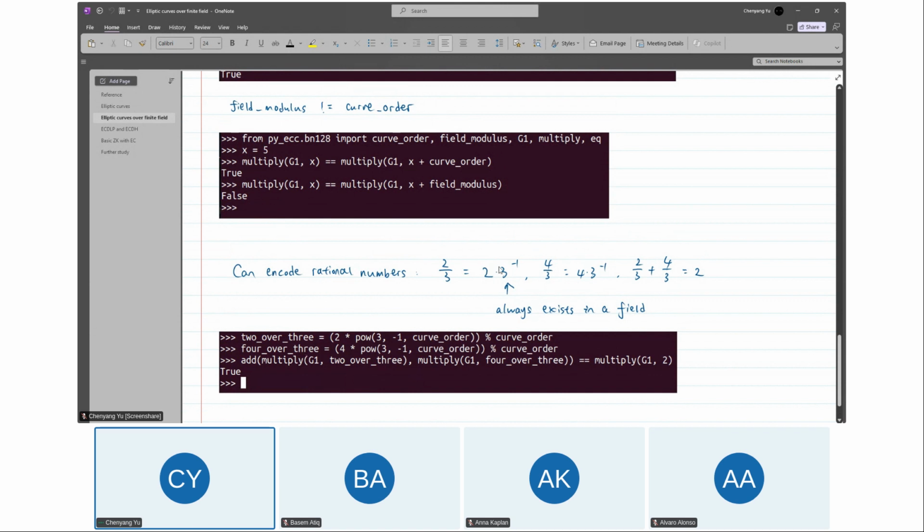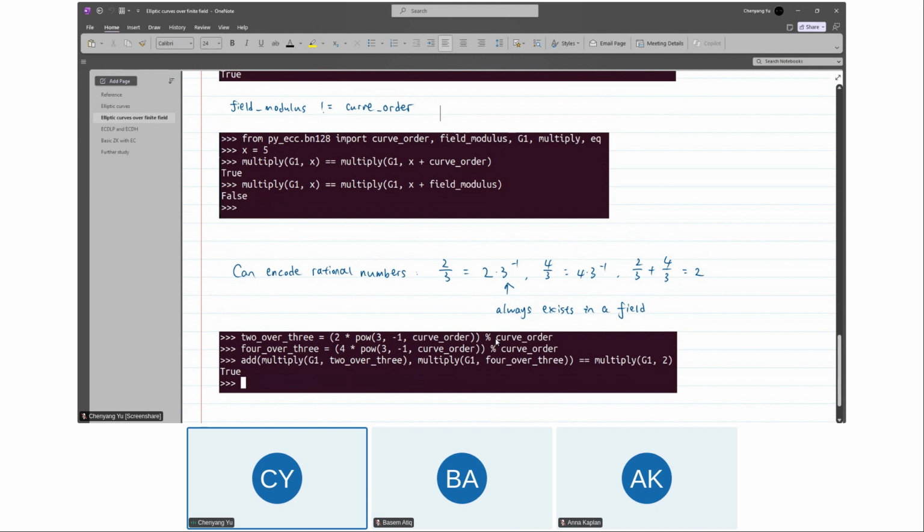To encode 2 over 3, you can just say 2 times pow of 3 inverse, and then you have to mod the curve order once again, because in Python this multiplication is oblivious of the curve order you want to work with. This multiplication is over the reals, so you have to take the modulo of the curve order again outside.